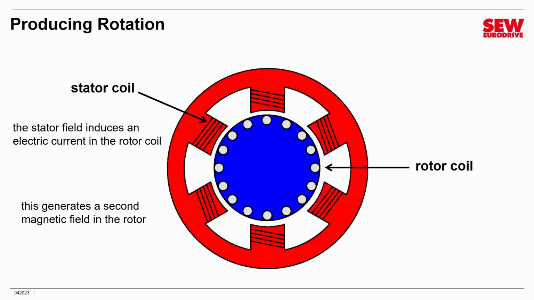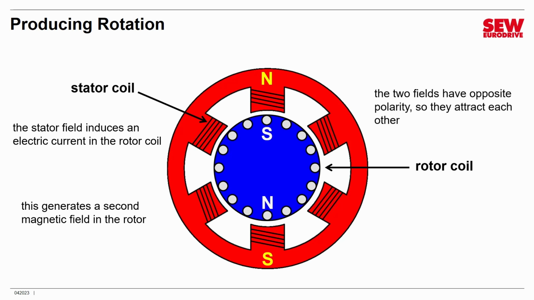So we have 2 magnetic fields, the moving one in the stator, and a second one that is induced or produced inside the rotor. So, for example, if the stator field has a north and south orientation like this, what happens is the induced field has the opposite polarity. It's got a south-north orientation. And as you probably remember from grade school science, with magnets, opposite poles attract.